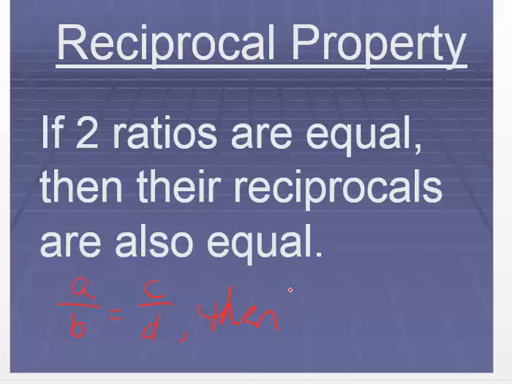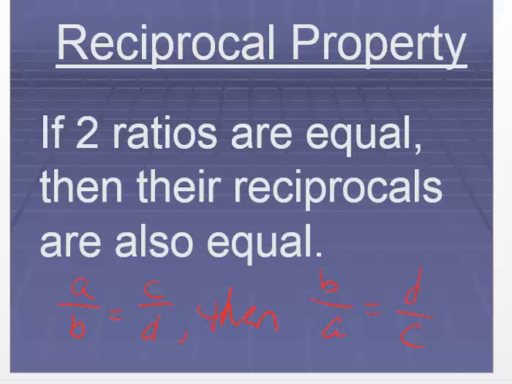Then B over A equals D over C. And if we go back to our cross product property, we can look at the reason. In the first proportion, if we cross multiply, we get that AD equals BC. And in the second one, we get BC equals AD. And it's the exact same thing. So as long as you do the reciprocal of both, the reciprocal property is true.